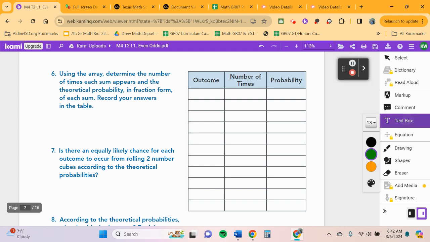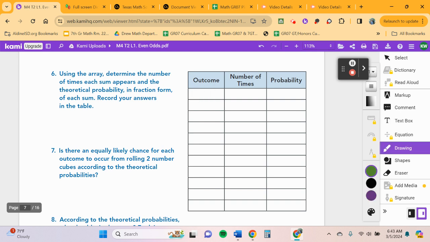So let's go ahead and fill in this table. The outcomes were 2 through 12, so go ahead and annotate that. 2, 3, 4, 5, 6, 7, 8, 9, 10, 11, and 12. And now we have to count the number of times that those showed.